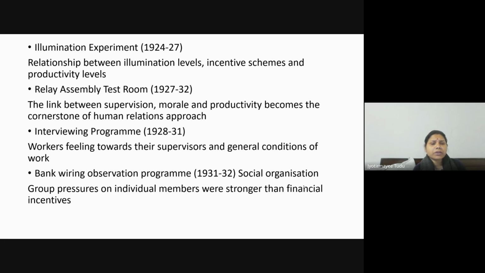So it was observed that group pressure also enables individuals to perform. Okay, so it is not merely about the financial incentives, that my organization is giving me financial incentive so I will perform. There is also another thing: I may get pressurized to perform due to peer pressure.